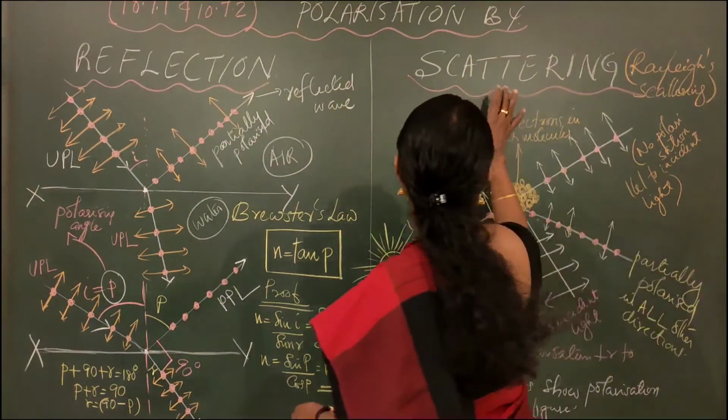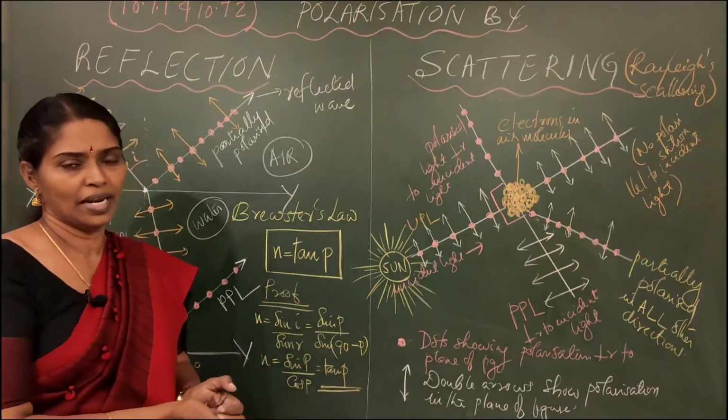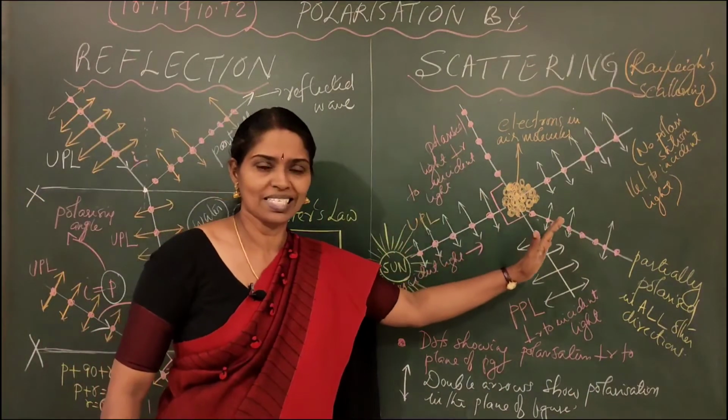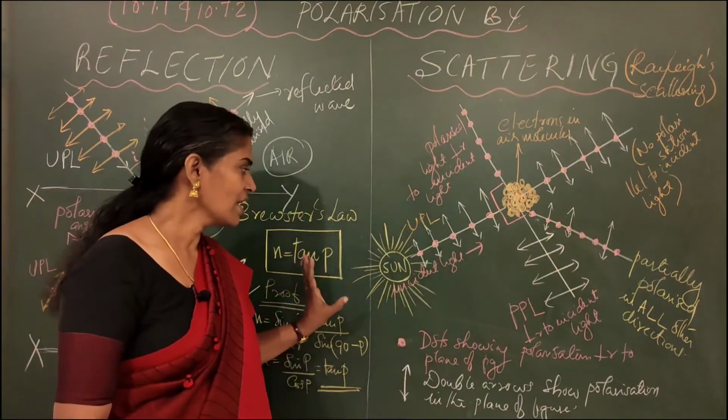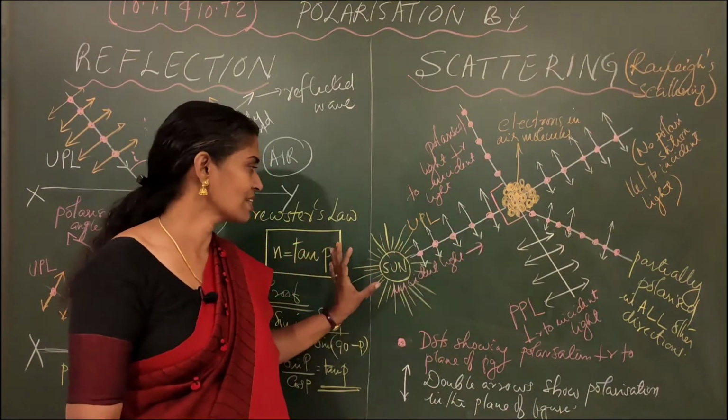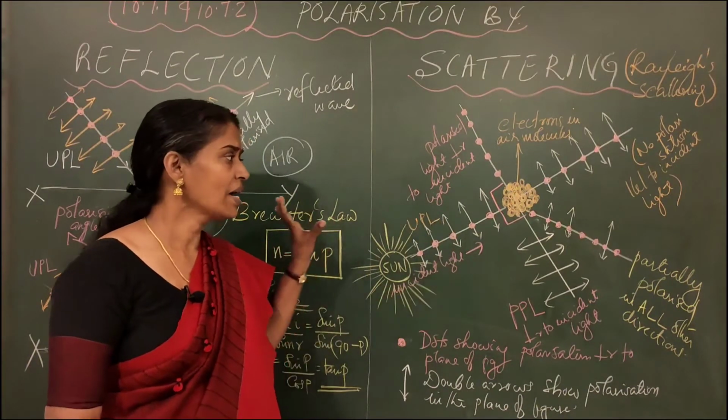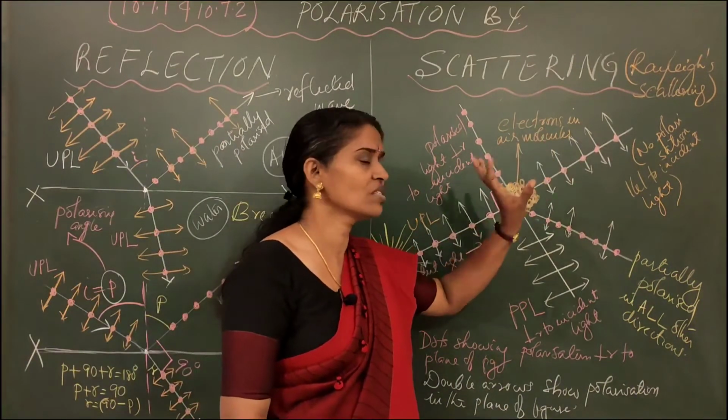Now, this is scattering with atmosphere. Another method of getting plane polarized light is scattering. In scattering, the unpolarized light from the sun is coming, and it just hits the electrons in the air molecules.